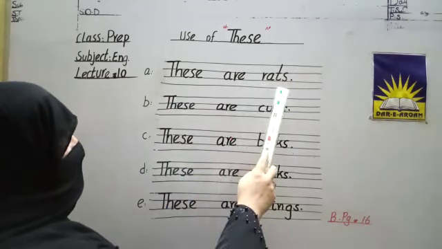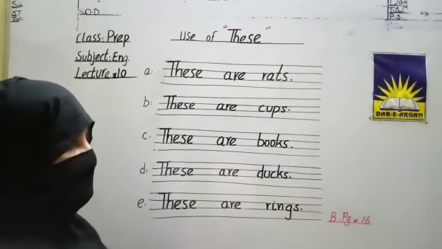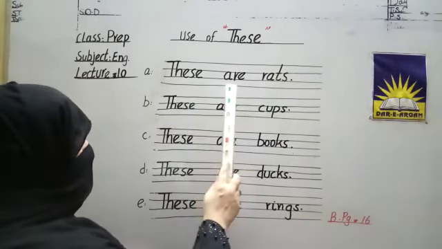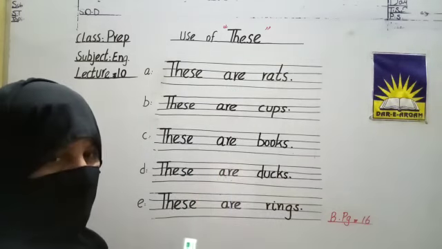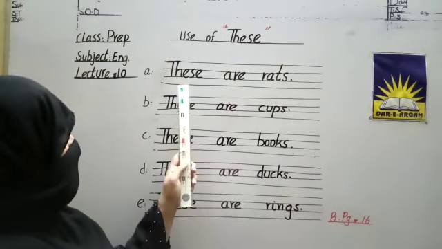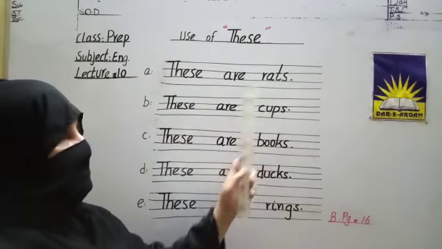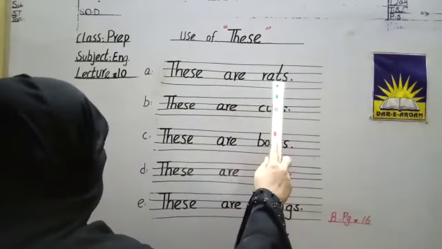These are rats. A rat is a singular object, rats are plural.